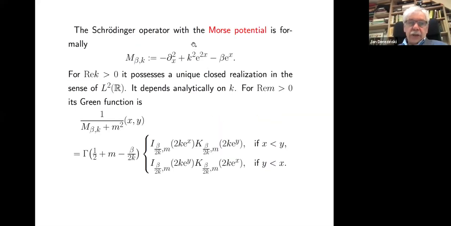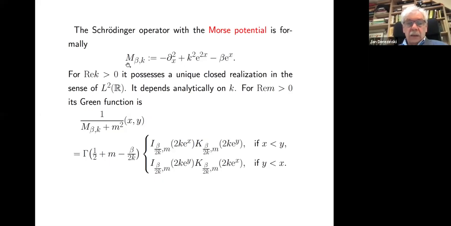Next, the Schrödinger operator with the Morse potential. Again, you have two exponentials, e to 2x and e to x. This is one of the favorite potentials for ambitious teaching assistants on quantum mechanics.